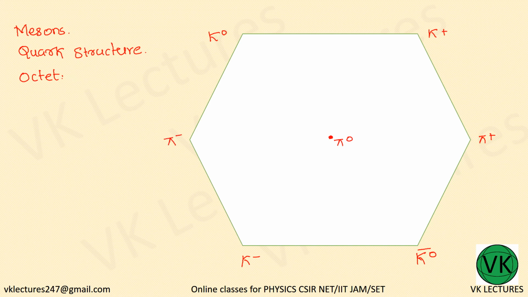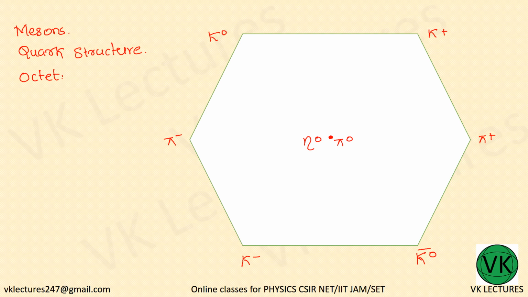So when you move from right to the left, there is a decrease in the charge, or this has to be written in the form of decreasing charge from right to the left. Okay, and you also have one more meson. What is that? That is eta naught.